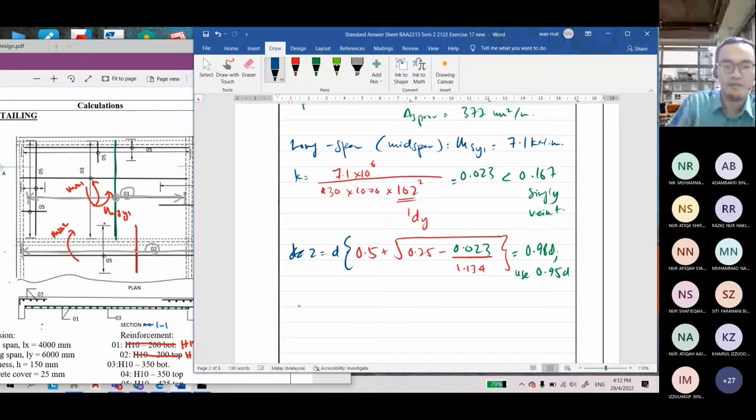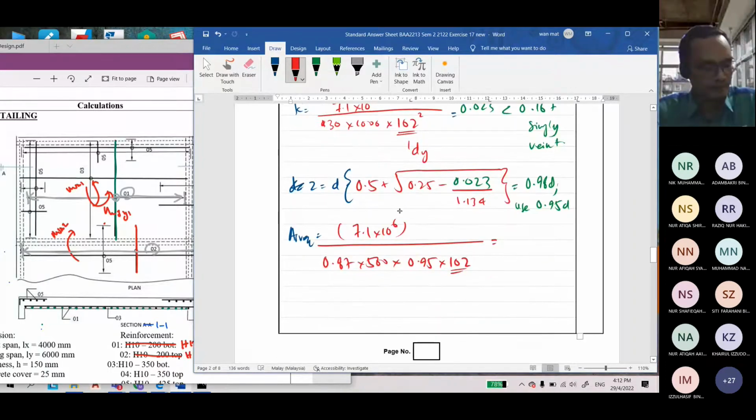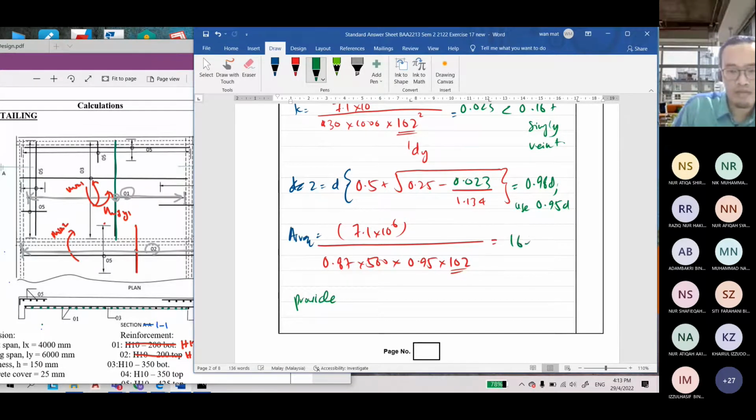So the AS required is equal to 7.1 times 10 to the power of 6 divided by 0.87 times 500 times 0.95 times 102. Be careful here, your D. What's the value? 168. 168 millimeter square per meter.